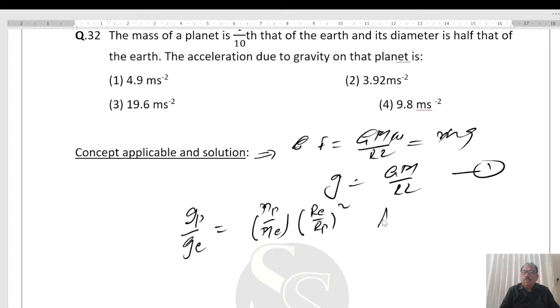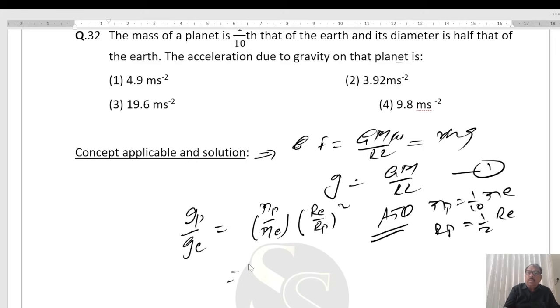Now, according to the question, mass of planet is 1 by 10 mass of Earth and radius of planet is 1 by 2 radius of Earth. So mass of planet is 1 by 10 ME.